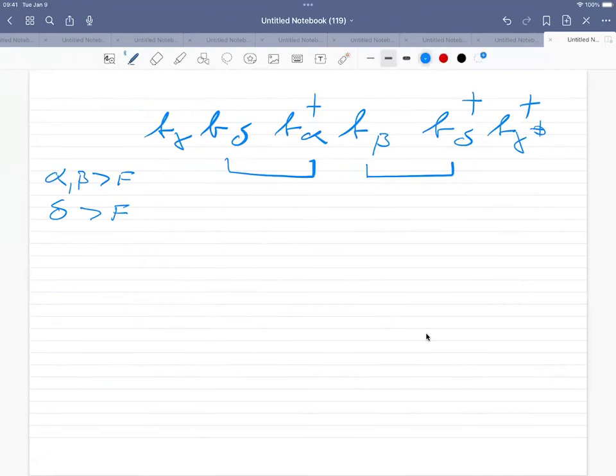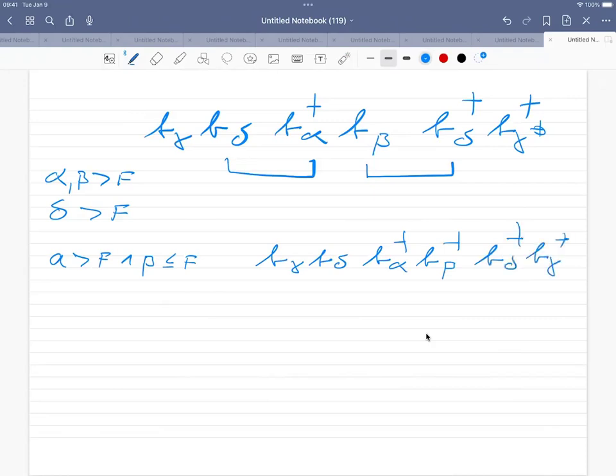Then we have the case where alpha can be larger and beta can be smaller than F. So in that specific case, we had B gamma, B delta, and then we had a B alpha dagger, and then we had a term like this one, B beta dagger, and then I had a B delta dagger or B gamma, like that.